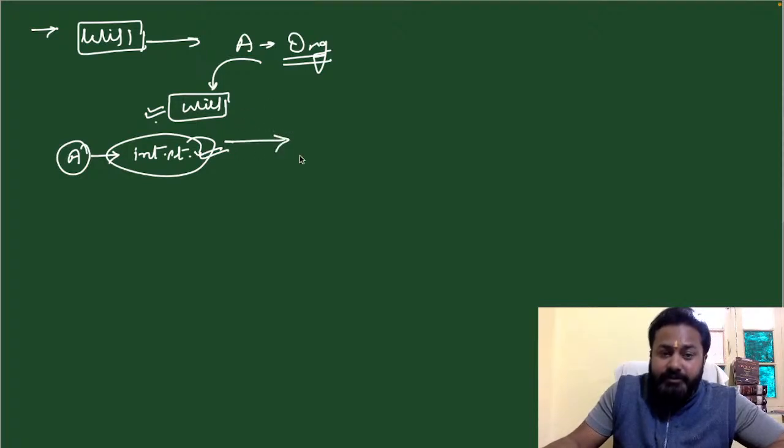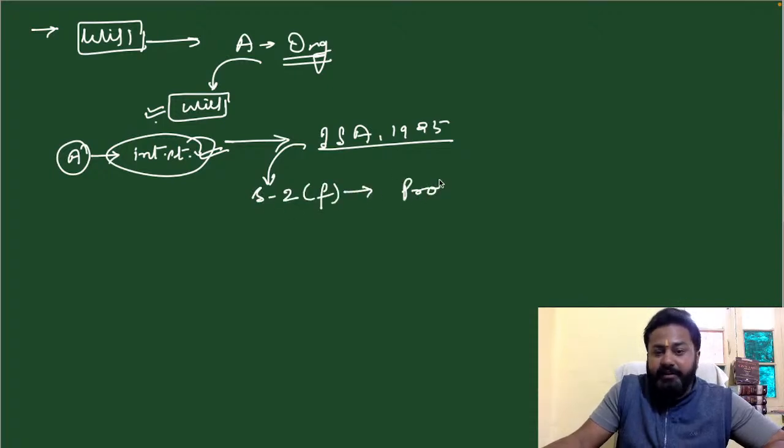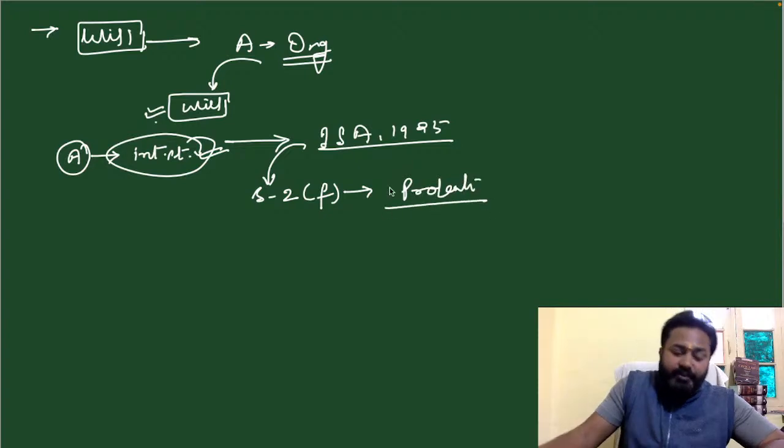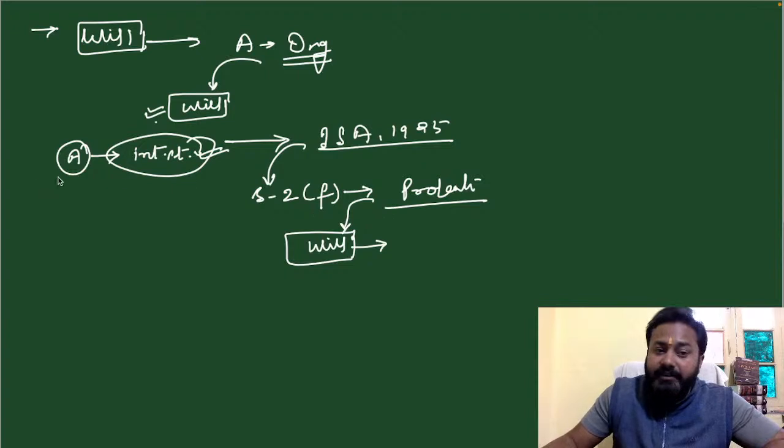So if the owner died intestate, in that case, under the Indian Succession Act 1925, there is a concept defined in section 2(f) about probate. What is probate? Probate is a copy of the will after the death of the owner.